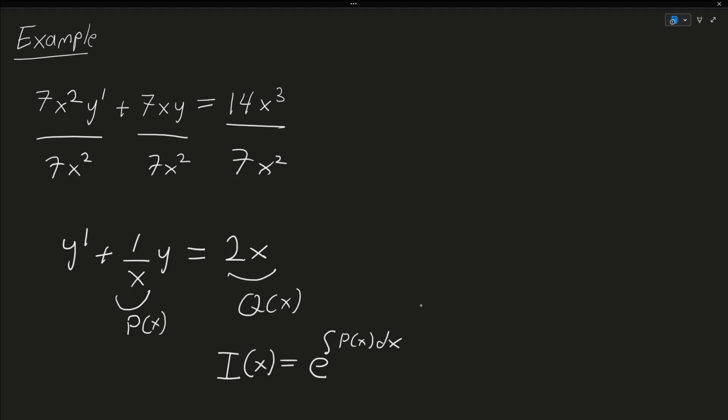Well, the integral of p of x dx is the integral of 1 over x dx. You must know this at this point. The integral of 1 over x dx will be ln of x. You might ask, why do we not have this plus c over here?